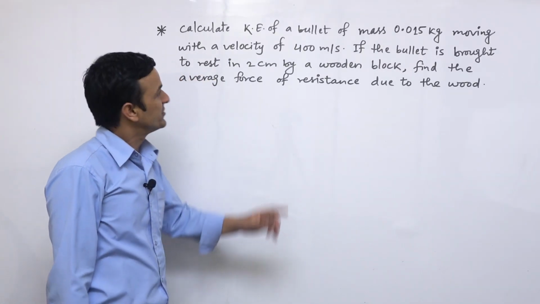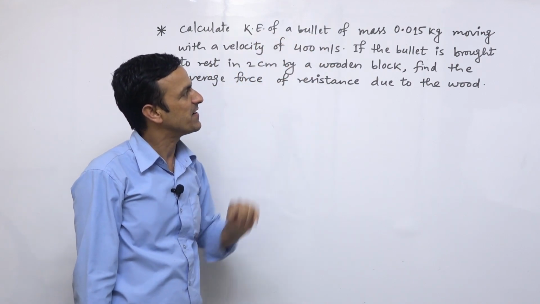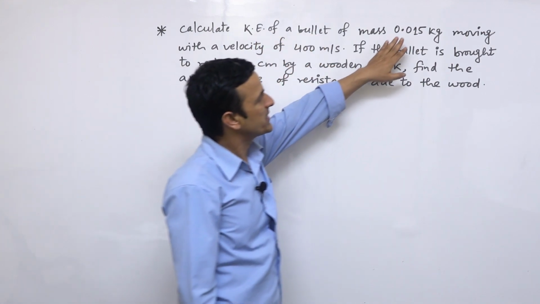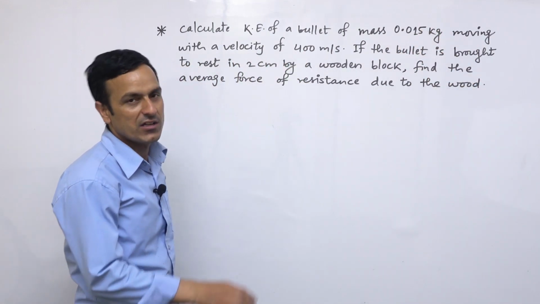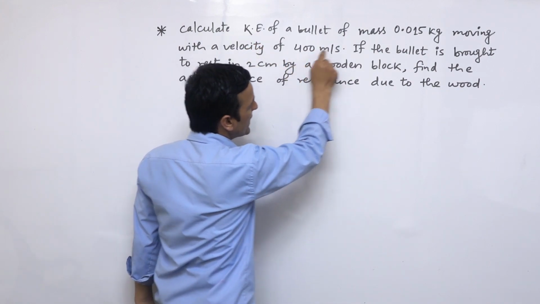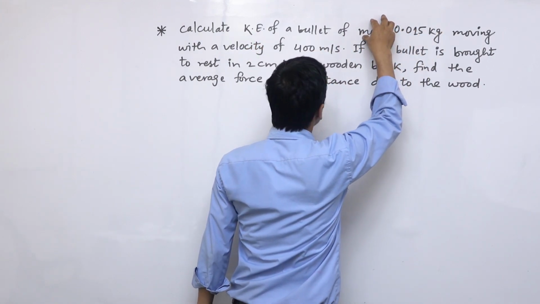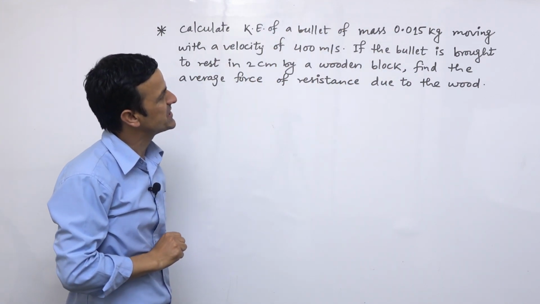Now we have this question. Calculate the kinetic energy of the bullet of mass 0.015 kg moving with a velocity of 400 meter per second. So to find kinetic energy, we have velocity and mass, and with the help of mass and velocity, we can find the value of kinetic energy.